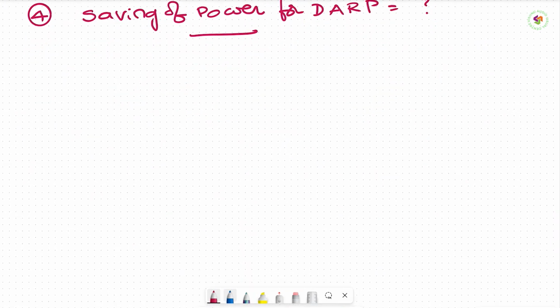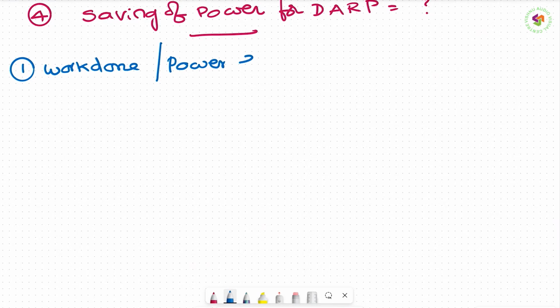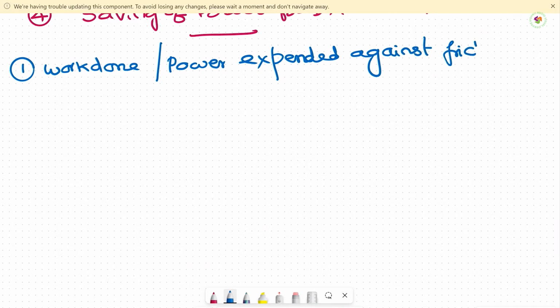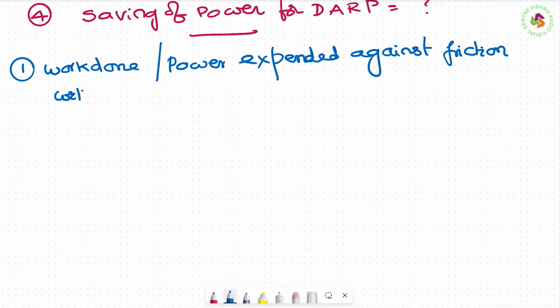The first article speaks about the work done or power expended against friction without air vessels. This is the first thing.